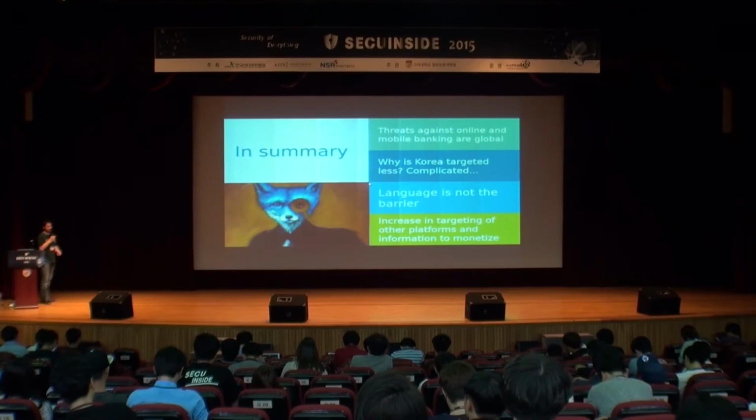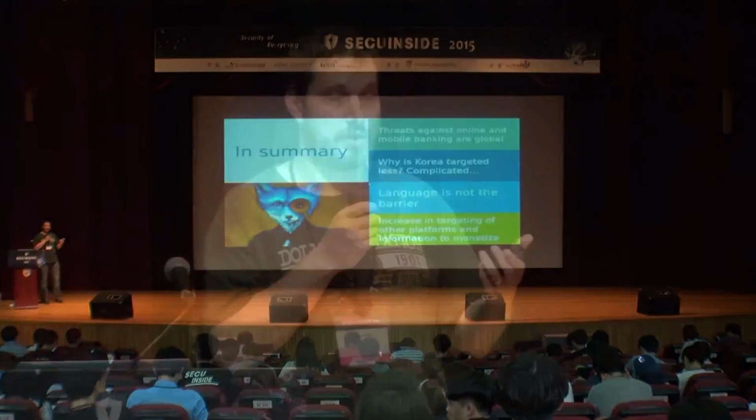But language is definitely not a barrier. We see attacks against a number of countries, Arab countries, all over Asia really, where there are different language types. They simply hire a translator. That's a very simple solution to a difficult problem.